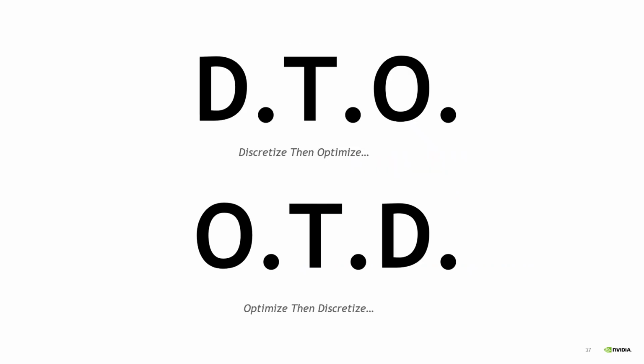So there are basically two approaches to computing a gradient. You can use the AutoGrad approach, called discretize then optimize: you discretize your problem and then compute the gradient of your code. Our approach is called optimize then discretize: we derive an equation for the adjoint, and then we discretize that equation.